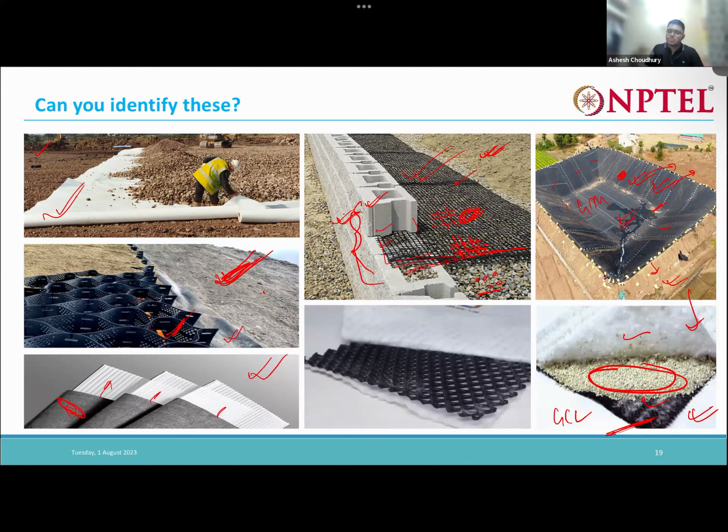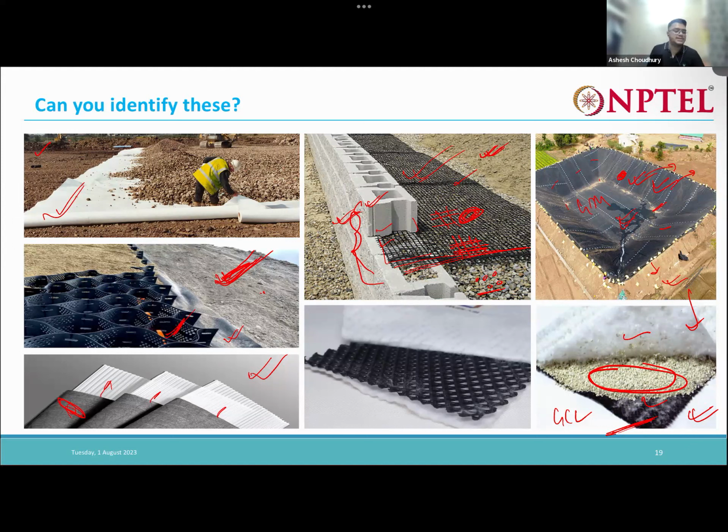PVDs are regularly used to accelerate the consolidation process, so that something can be constructed over it. So these PVDs are installed, and sometimes some preloading is done so that the soil there consolidates fast. If there wouldn't have been any PVD, in natural drainage conditions it would have taken, say, 20 years, but with the use of PVD, it can be done in say 3 months.